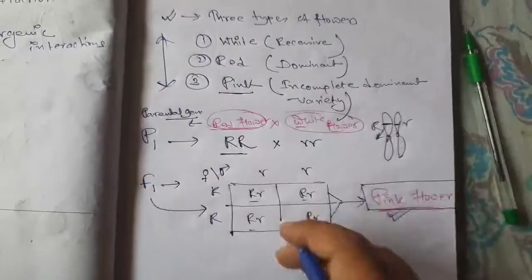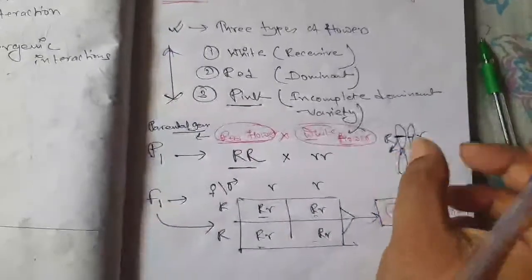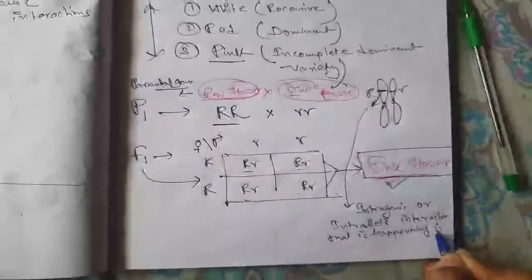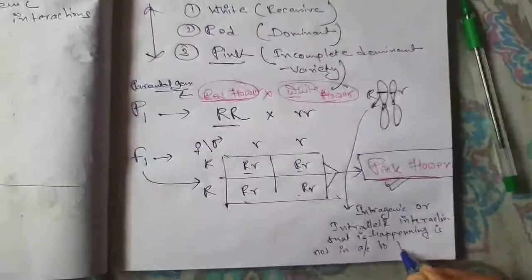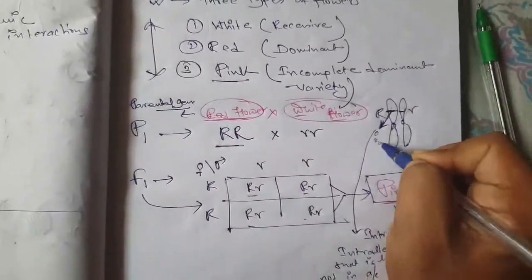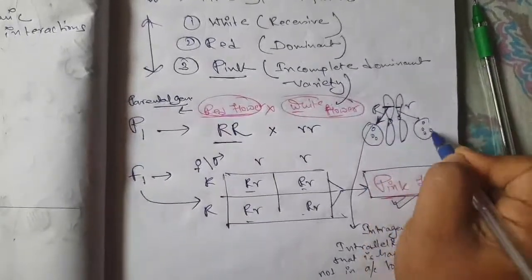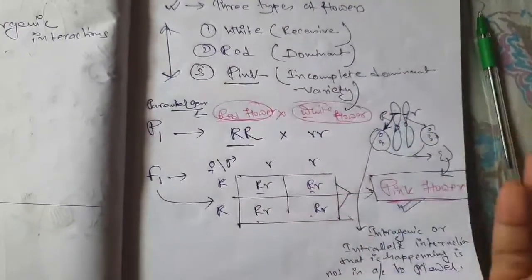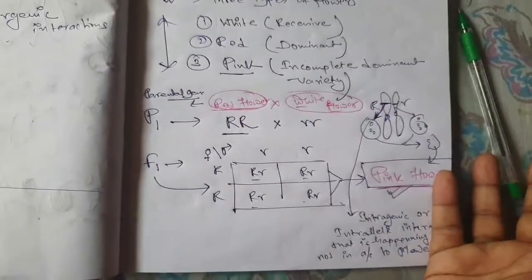You will have to understand that the intra-allelic interaction happening here is not in accordance with Mendel, because some protein products must be produced from one allele and some from the other, and both must produce a mixture of pigment which gives a pink coloration. Both are being expressed.